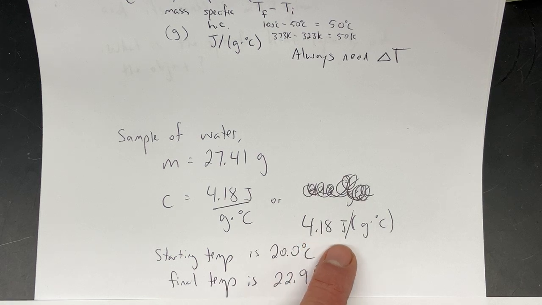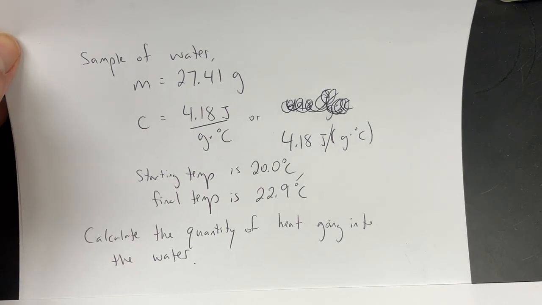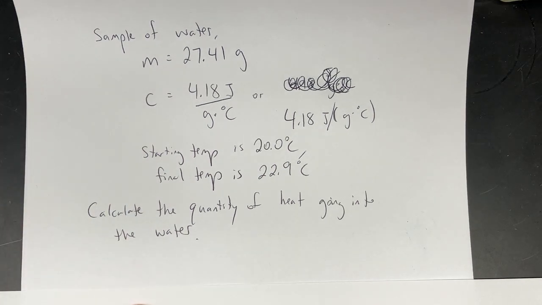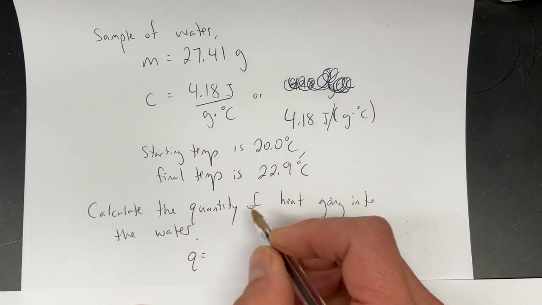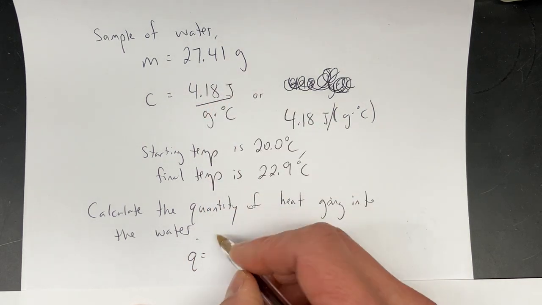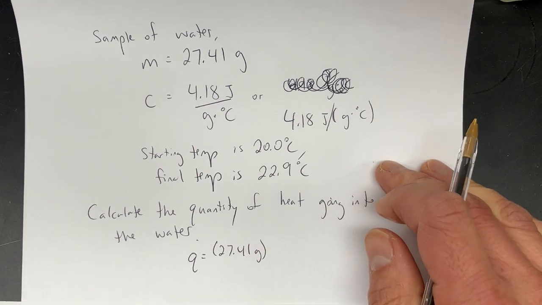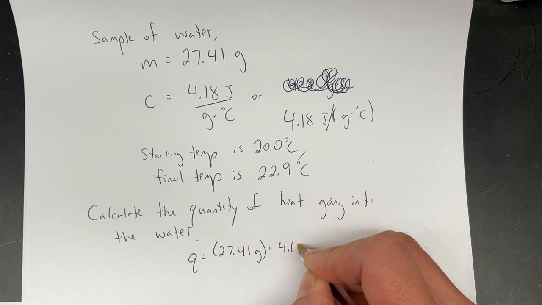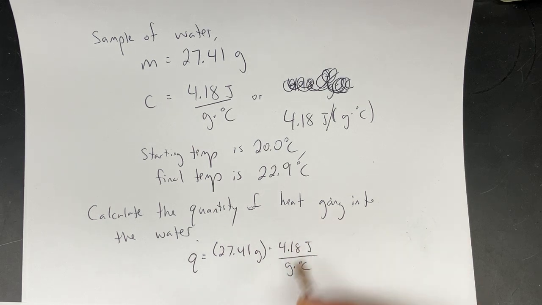Calculate the quantity of heat going into that water. So all I need to do is take Q equals M times C times delta T. So my M is 27.41 grams. C is this number here, 4.18 joules per gram degrees Celsius.